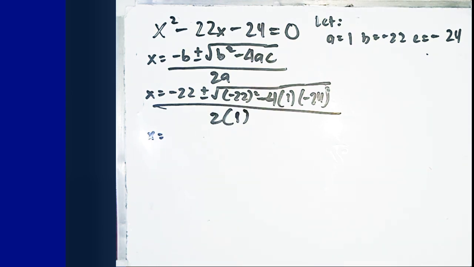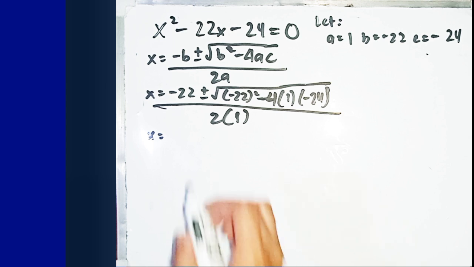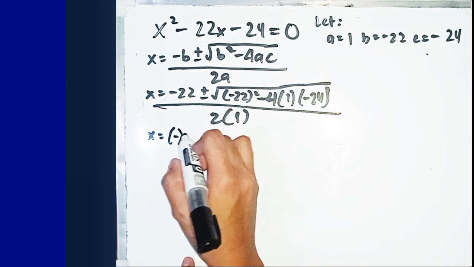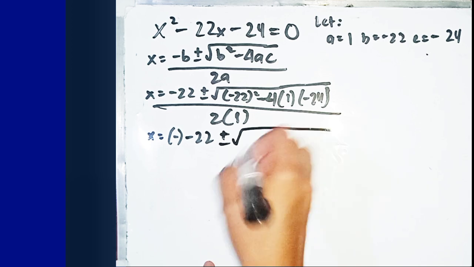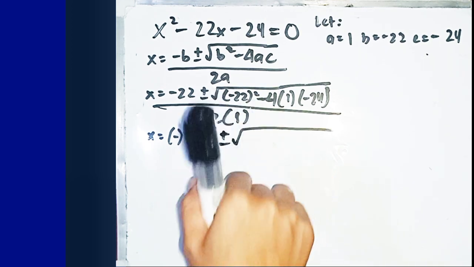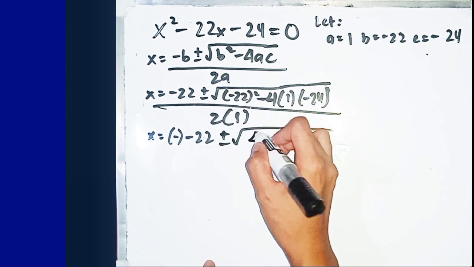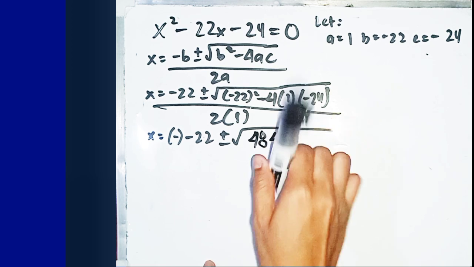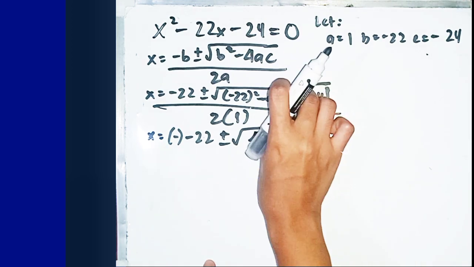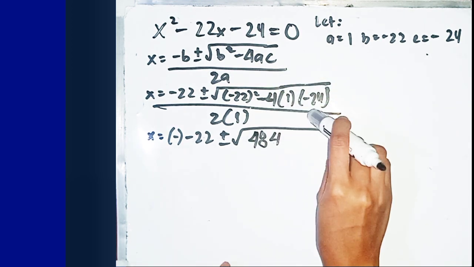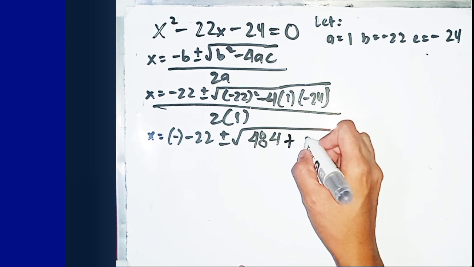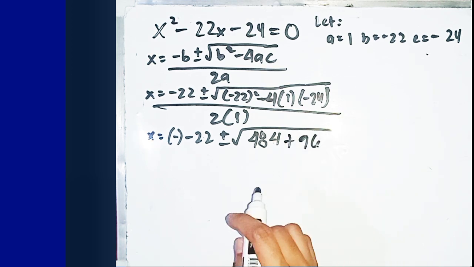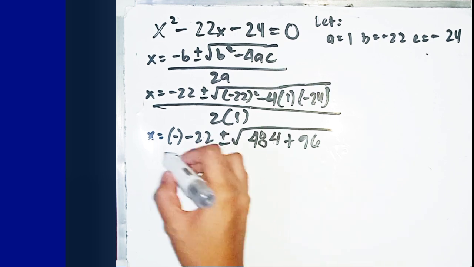Okay, so now x would be equal to, let us multiply the negative to negative 22, so 22 plus or minus square root of negative 22 squared, that is 484, minus 4 multiplied by 1 and negative 24.